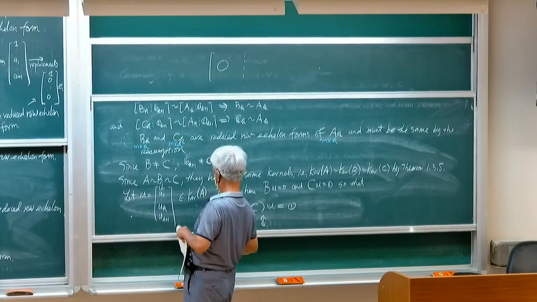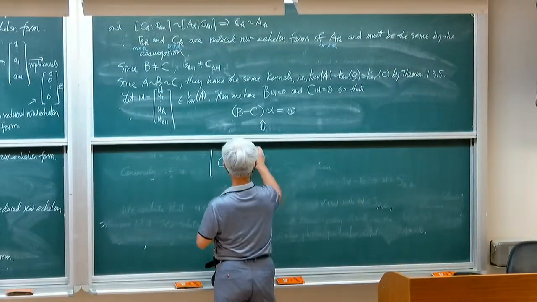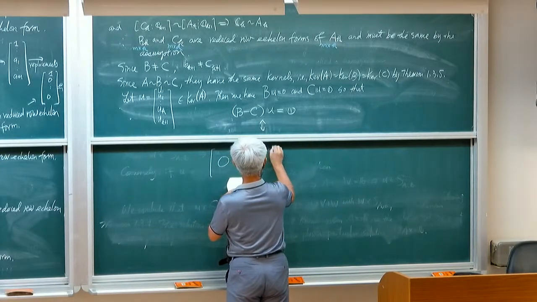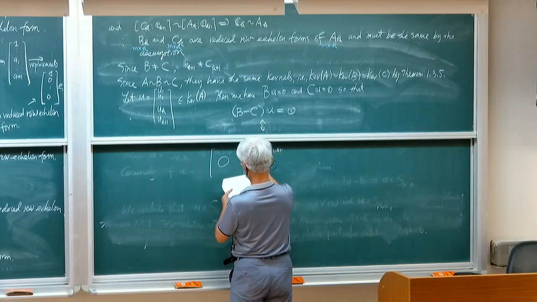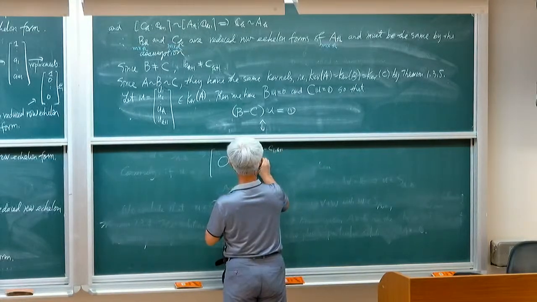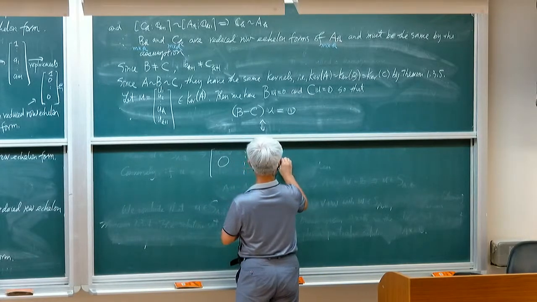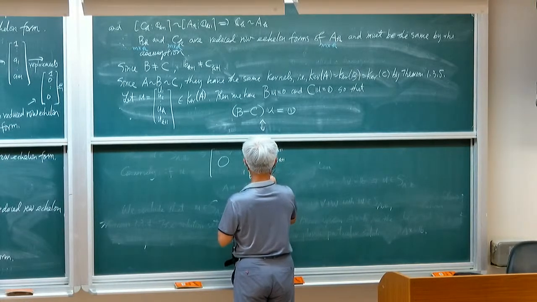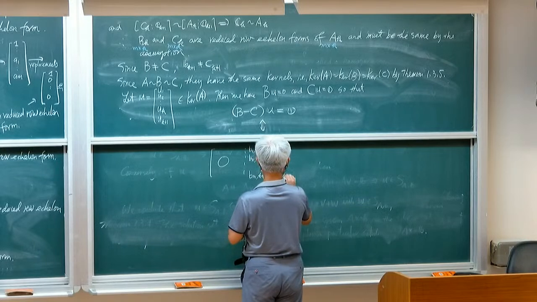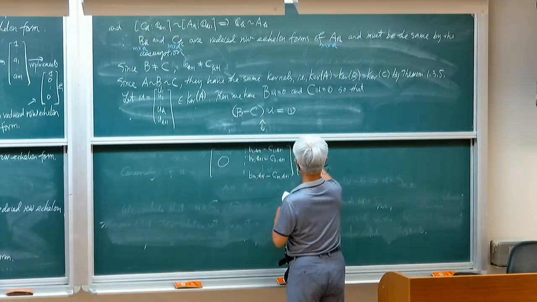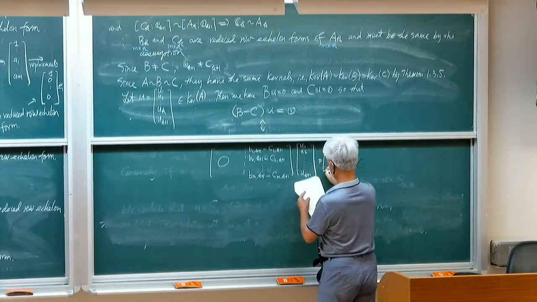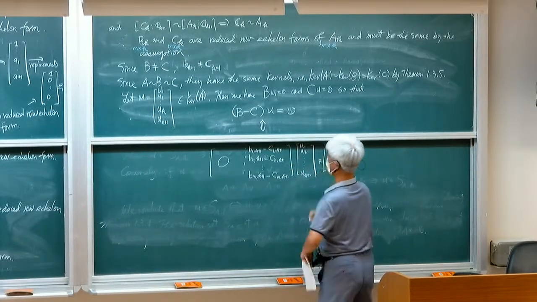And the last column becomes b_{1,k+1} minus c_{1,k+1}, b_{2,k+1} minus c_{2,k+1}, up to b_{m,k+1} minus c_{m,k+1}, and u_1, u_2 up to u_{k+1} equal to 0, 0.